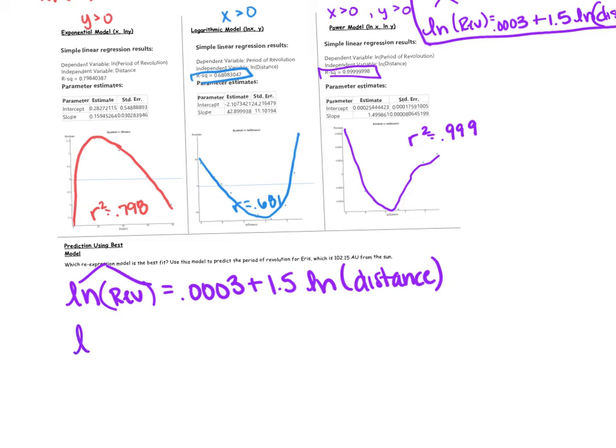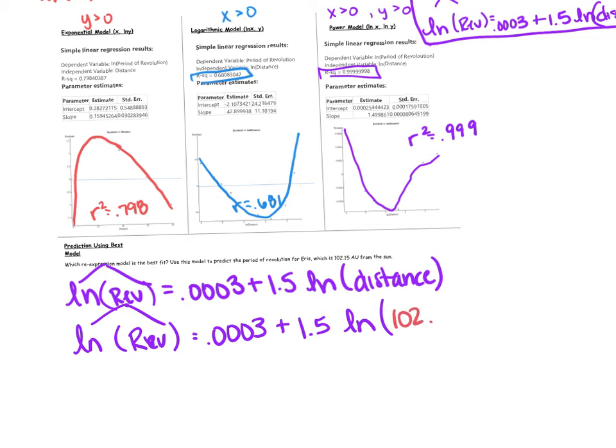So I'm going to plug in: natural log revolutions hat is equal to 0.0003 plus 1.5 times the natural log of my distance, which was given to me as 102.15.